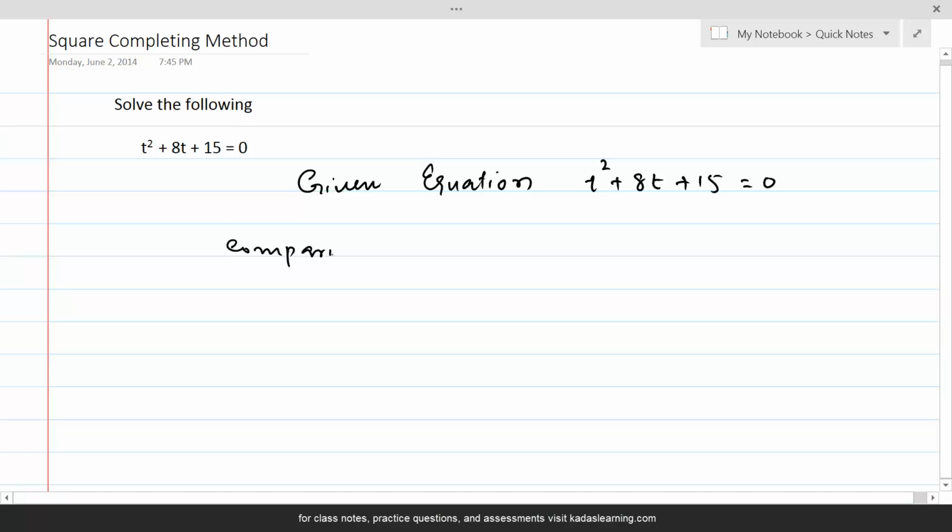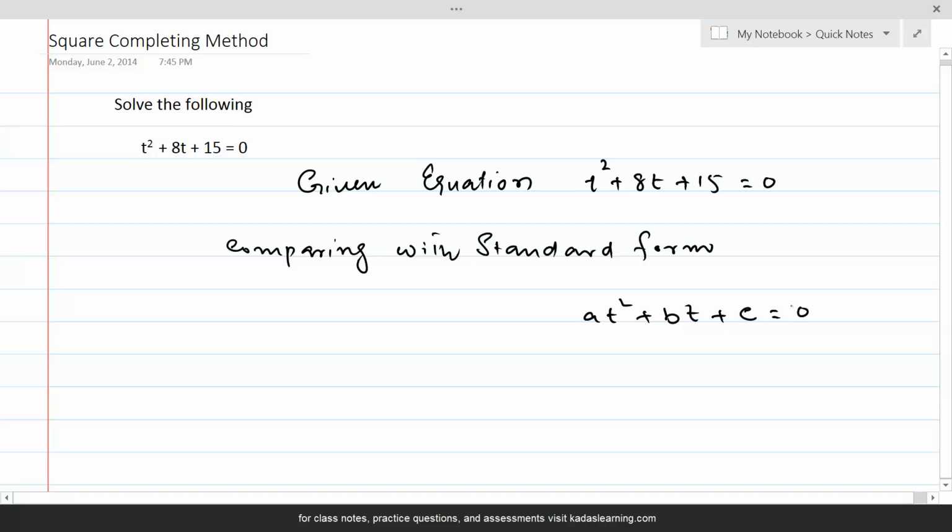Comparing with the standard form, we have at square plus bt plus c is equal to 0.